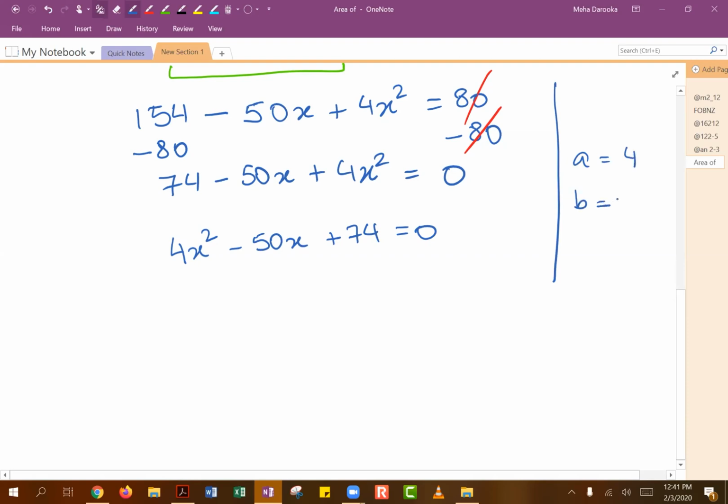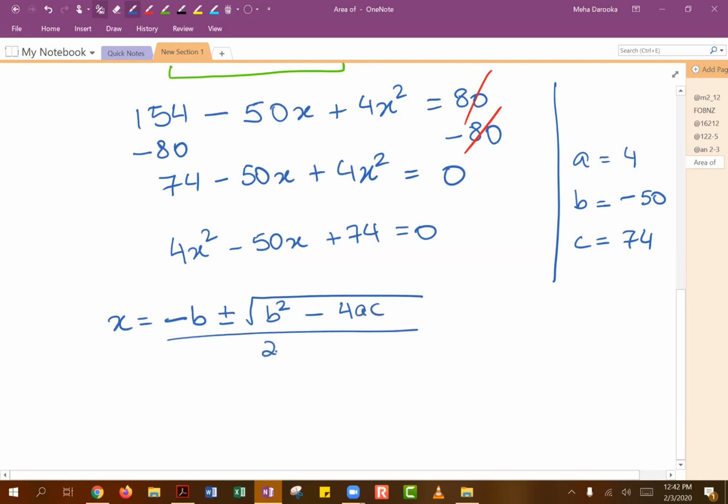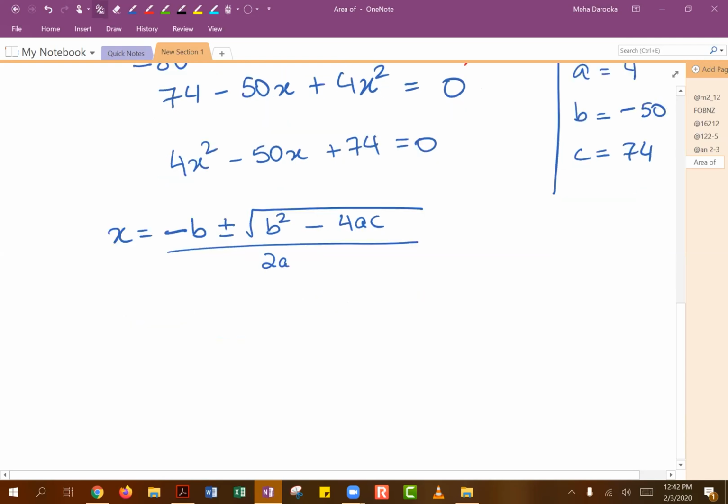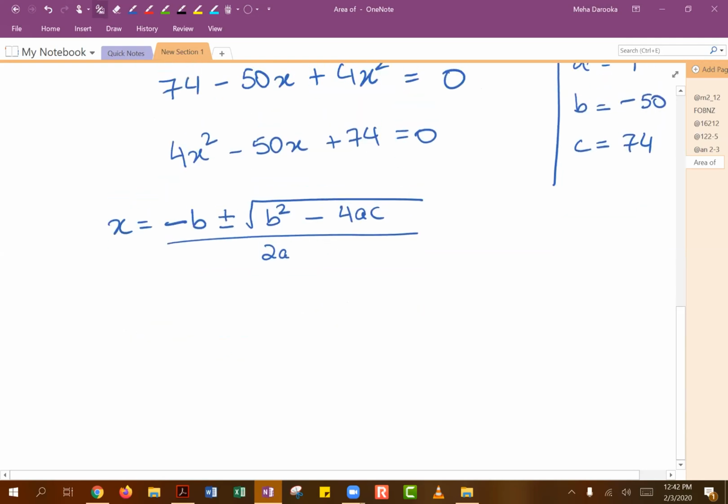So A is 4. What's B? Negative 50. C? Very good. And then your quadratic formula is x equals negative b plus or minus the square root of b squared minus 4ac, over 2a. All right, so let's see.